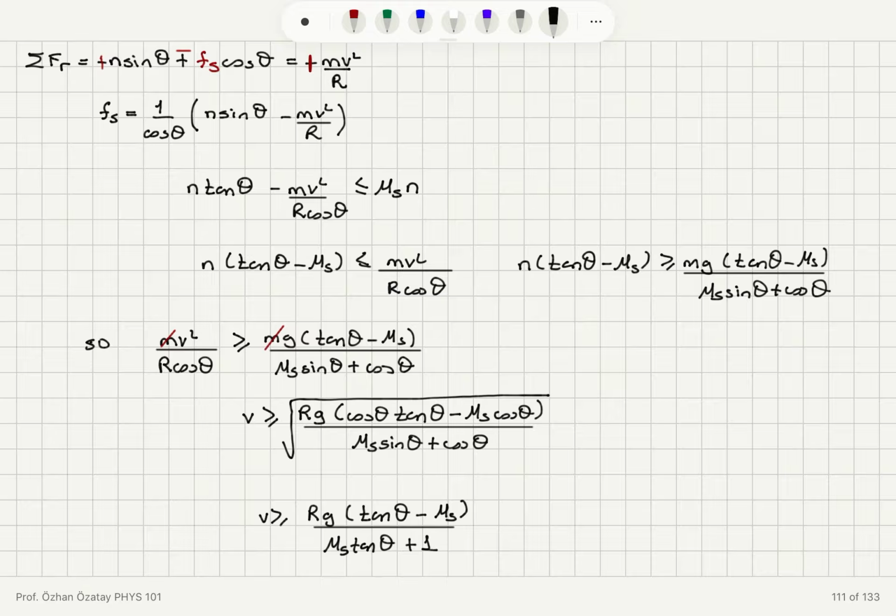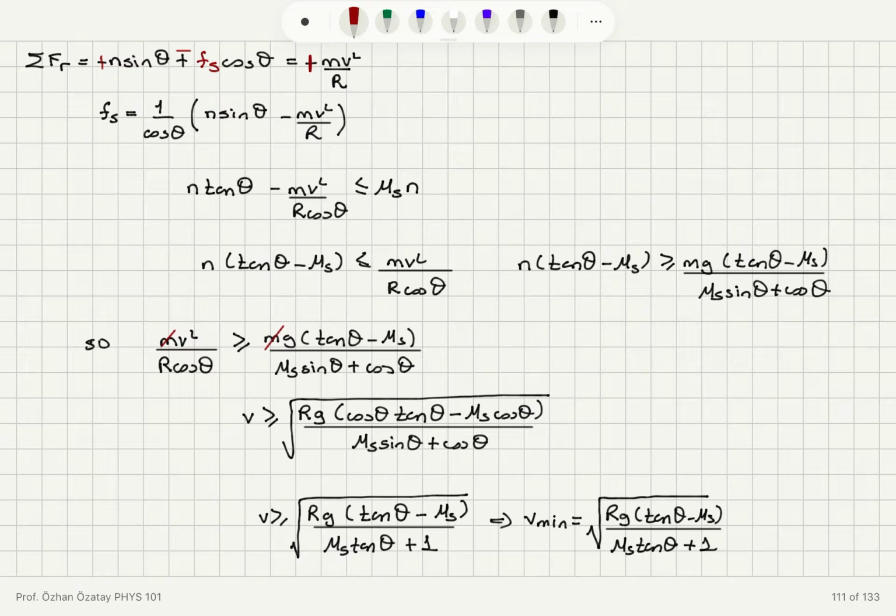So if v is greater or equal to this, that means the minimum speed I can have, v minimum, will be the square root of rg (tangent theta minus mu s) divided by (mu s tangent theta plus 1). So this is my minimum speed.